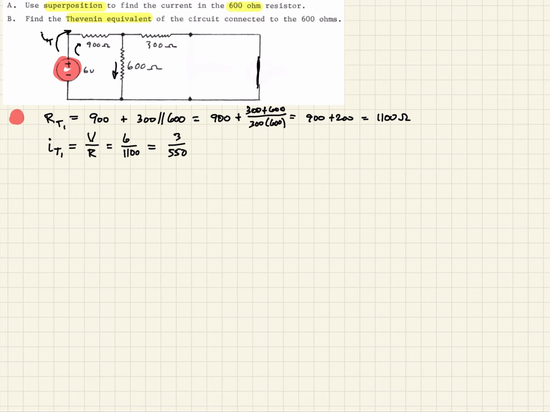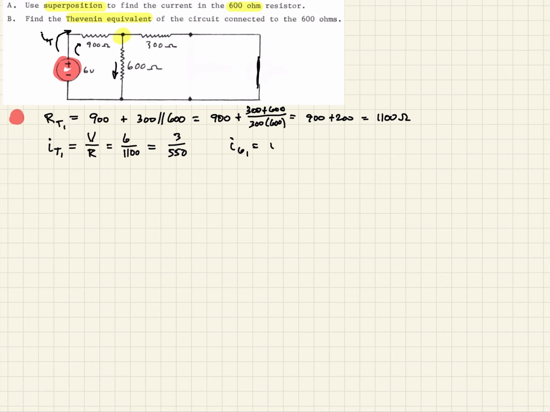So now the current through the 600 ohm resistor, we'll call it I6-1. Once it gets to this node here, we see that it's just a current divider, so we can apply the principles of current division to this.